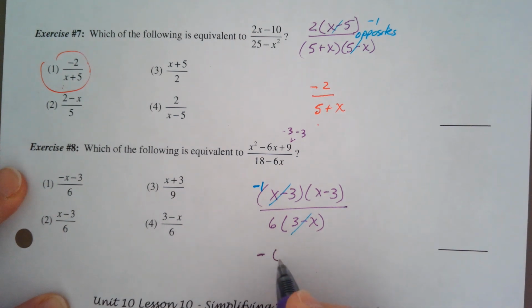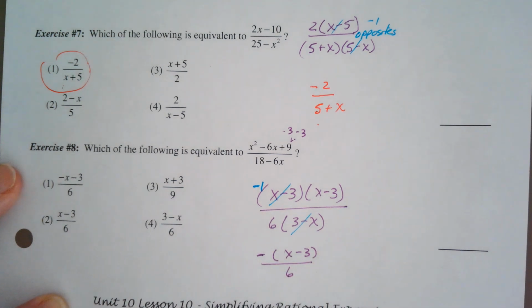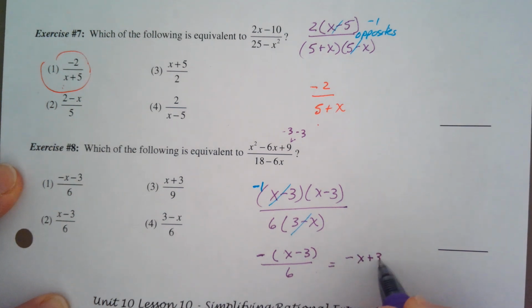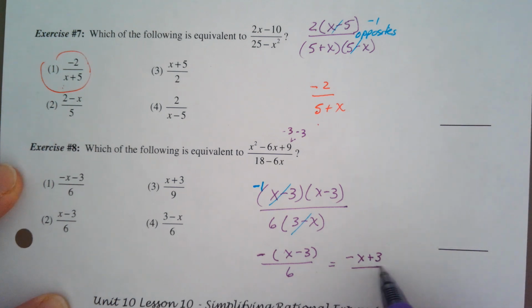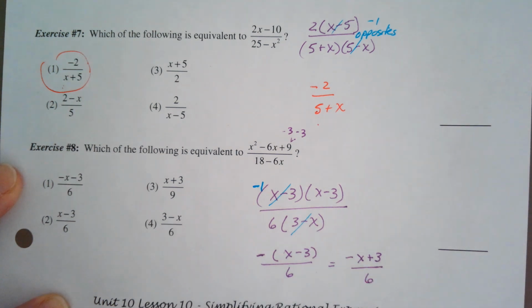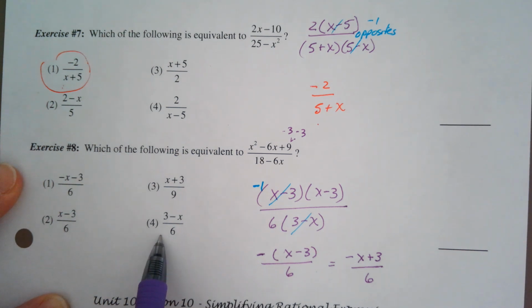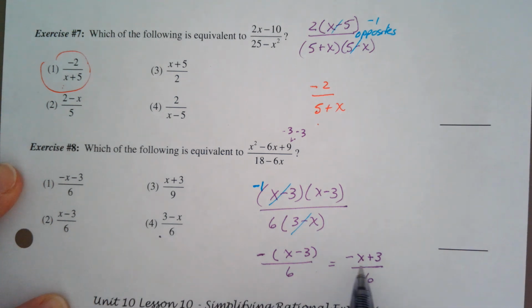We have negative parentheses x minus 3 over 6, and distribute that negative so that we can match one of our 4 options, negative x plus 3 over 6, which is the same as this, choice 4. Negative x plus 3 is the same as 3 minus x.